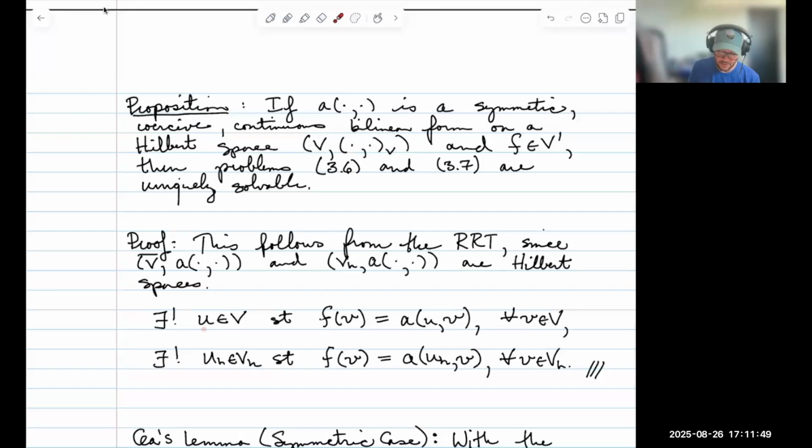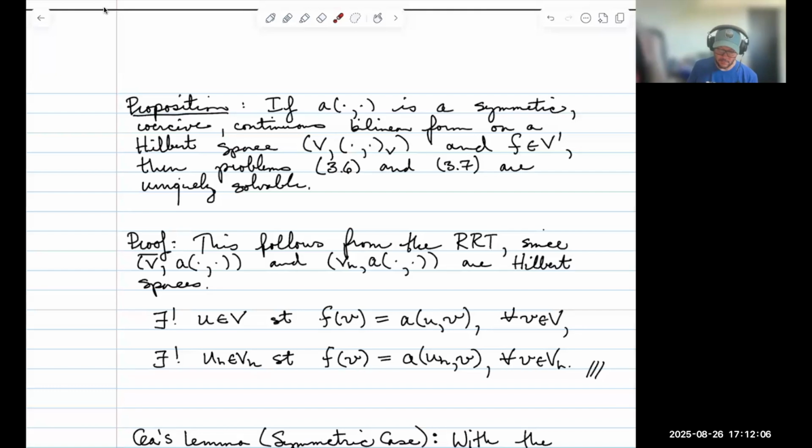So I can apply Riesz representation, and that says that there's a unique representer U such that for every V, F of V is equal to A(U, V). So this becomes the representer of F in this inner product.